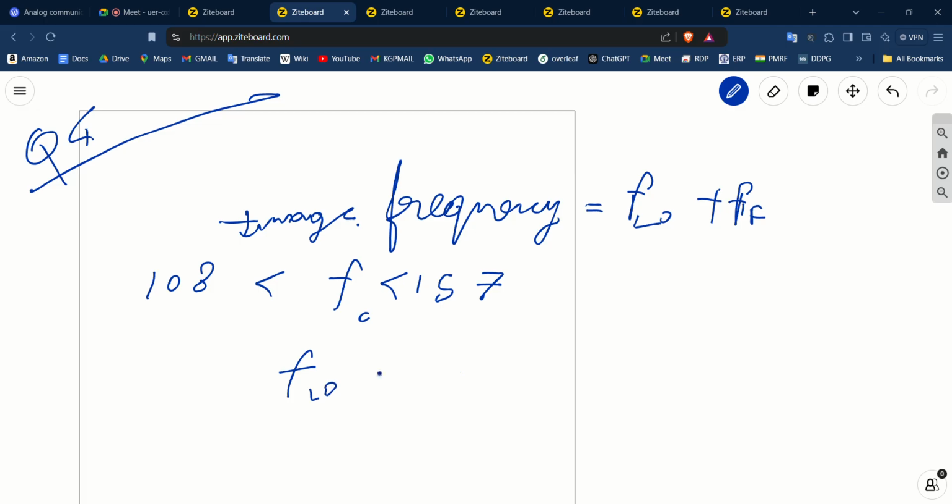Further, this FLO plus FIF should be greater than 157.